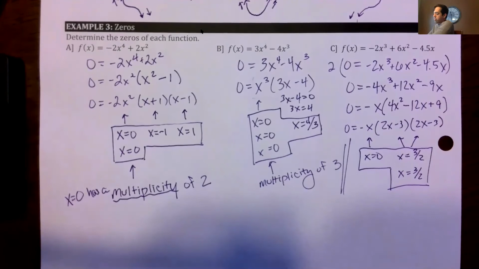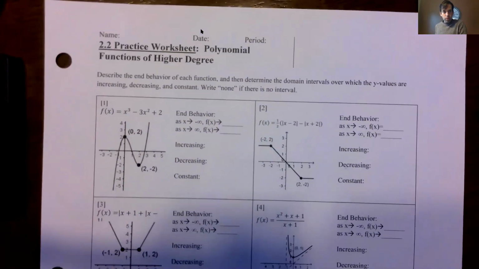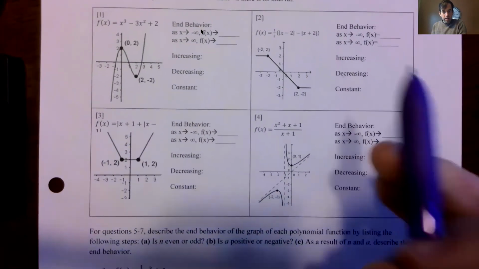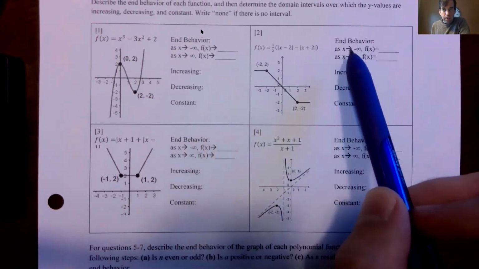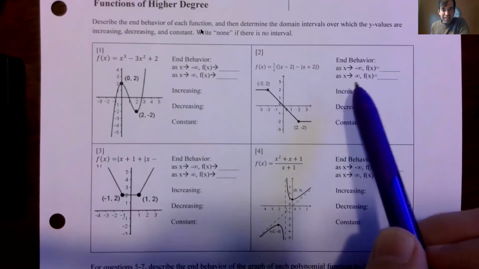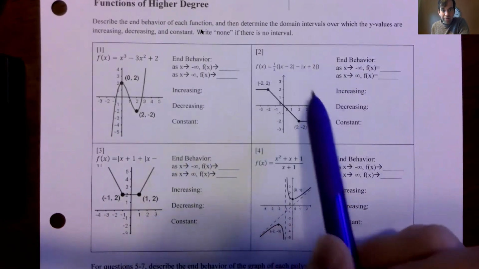If we take a look briefly at this worksheet, I wanted to point out at least one thing here. This is the 2.2 practice worksheet that you have. Number 2, the end behavior is a trick. This is going to test you, because take a look at this graph.